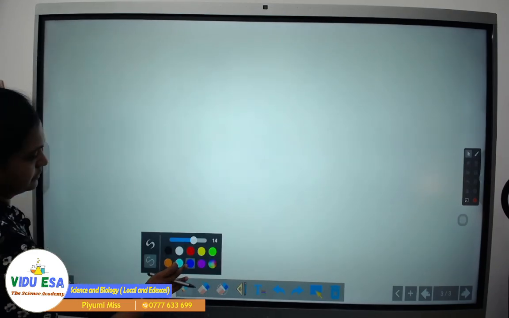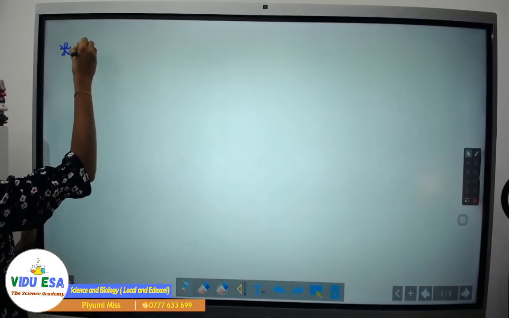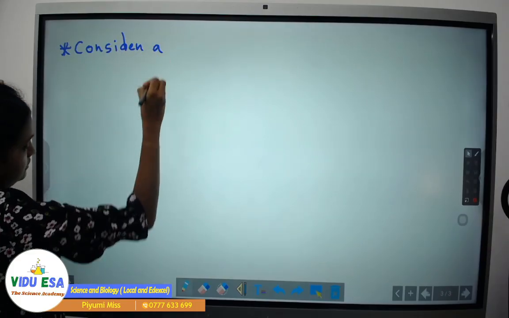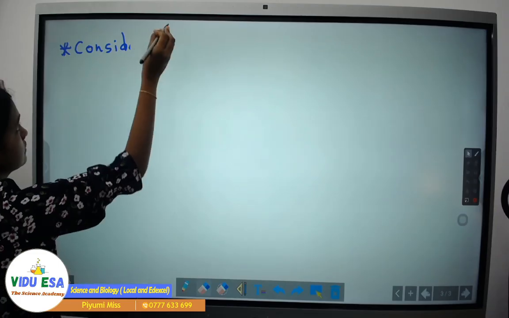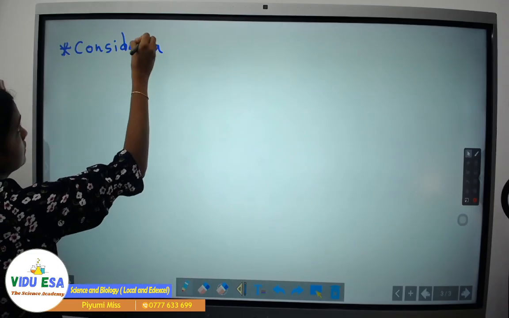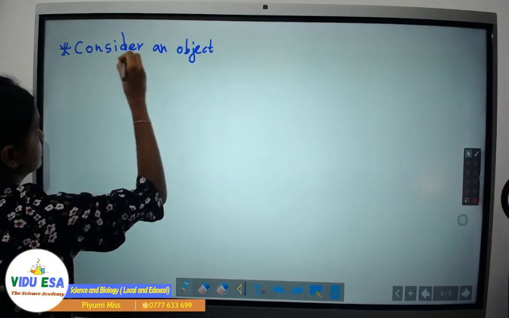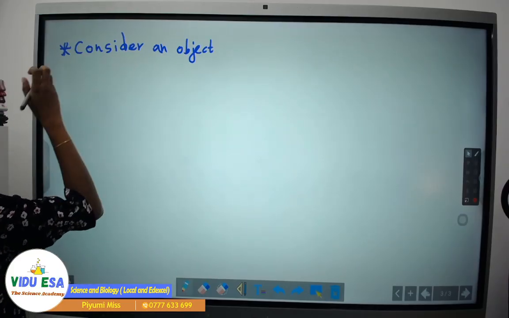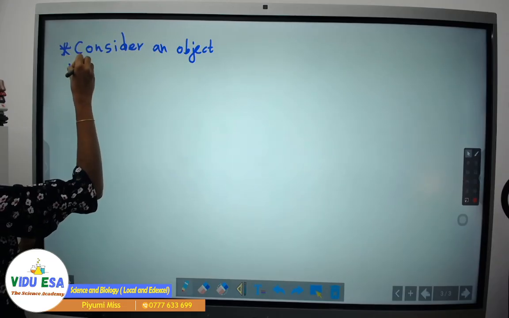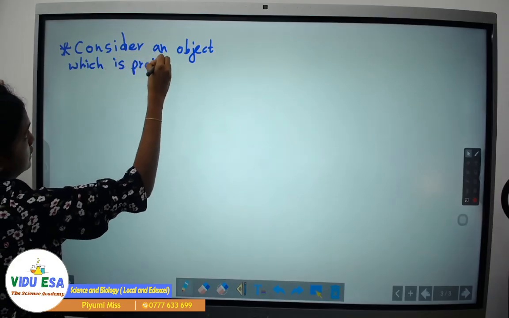Then consider an object which is projected vertically upwards.